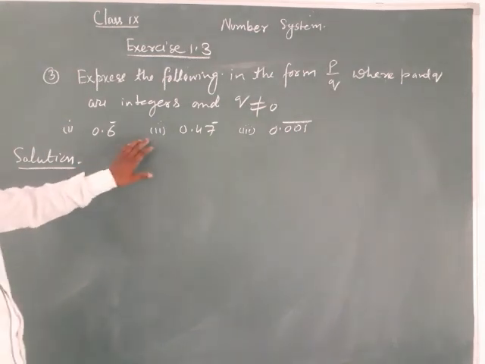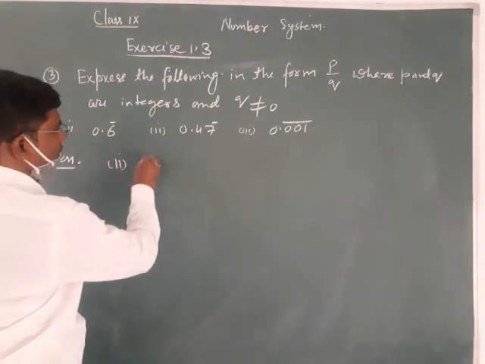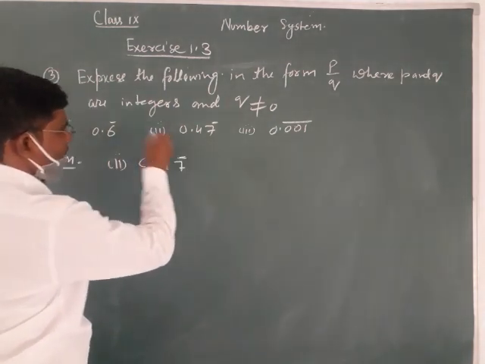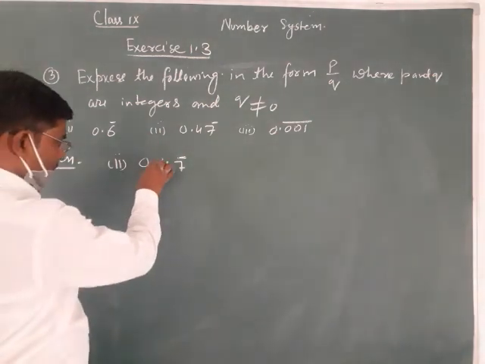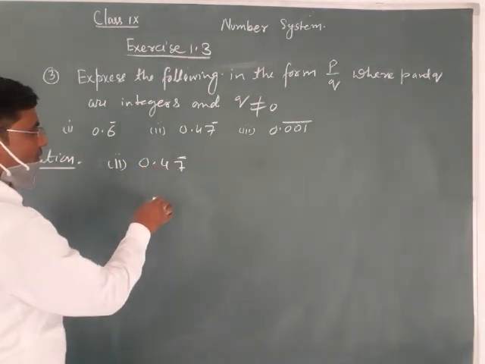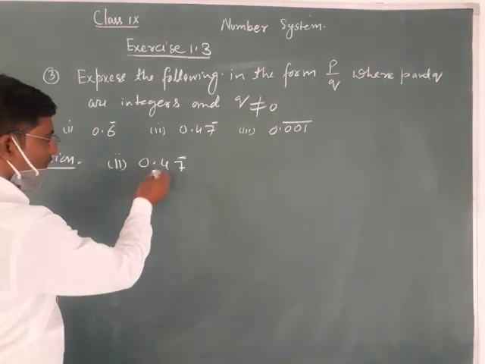And another part, second part 0.47 bar. So now given 0.47 bar, now change into another form.